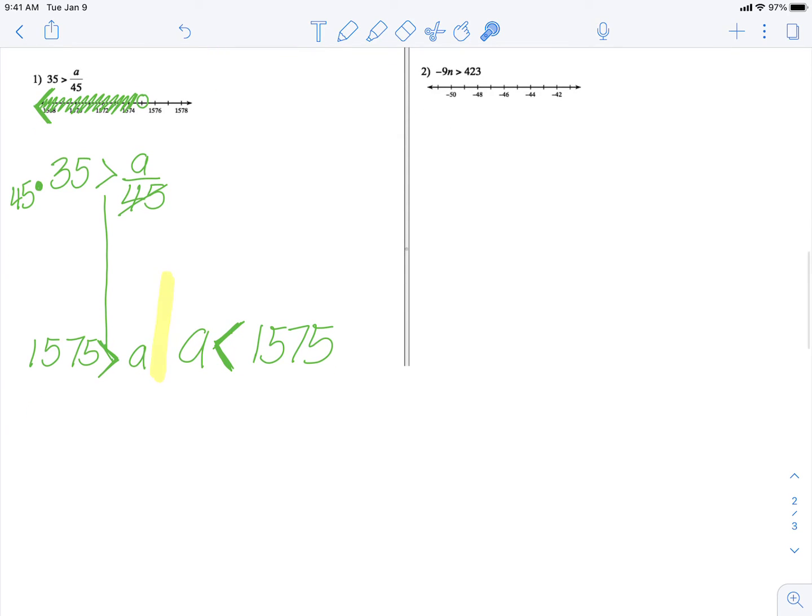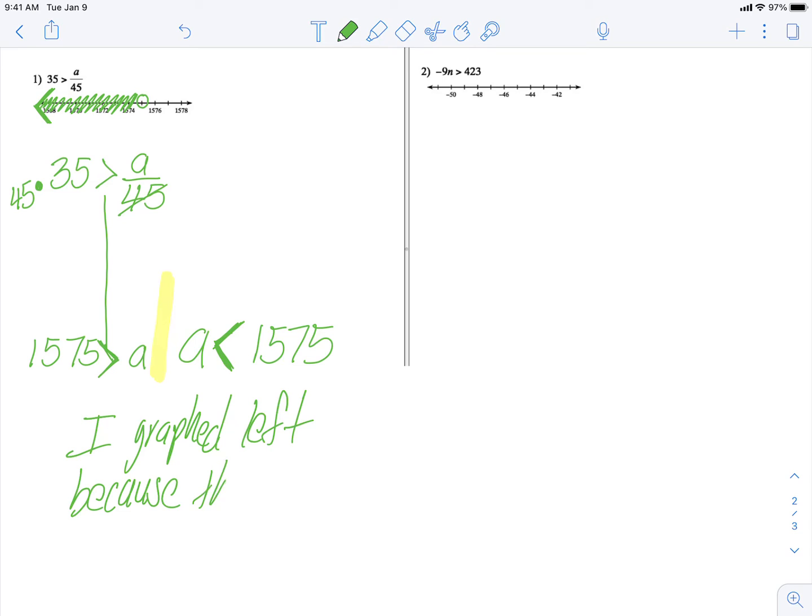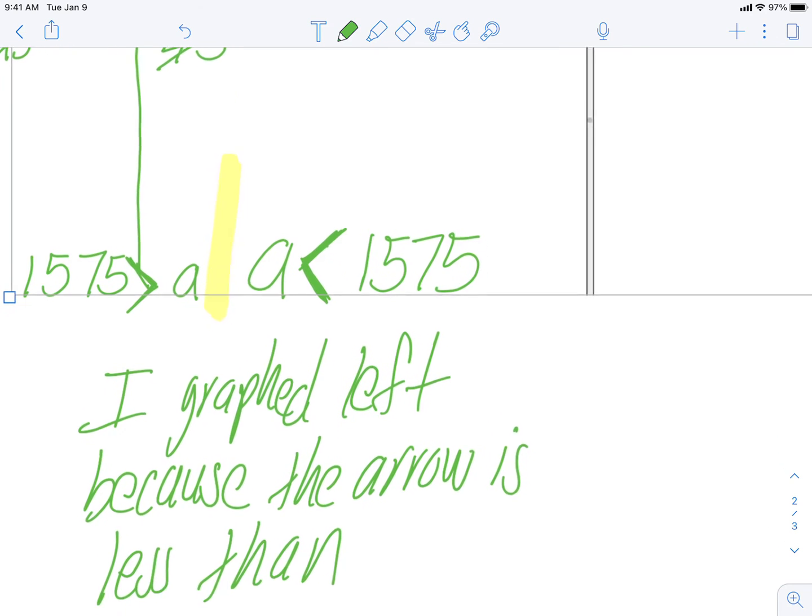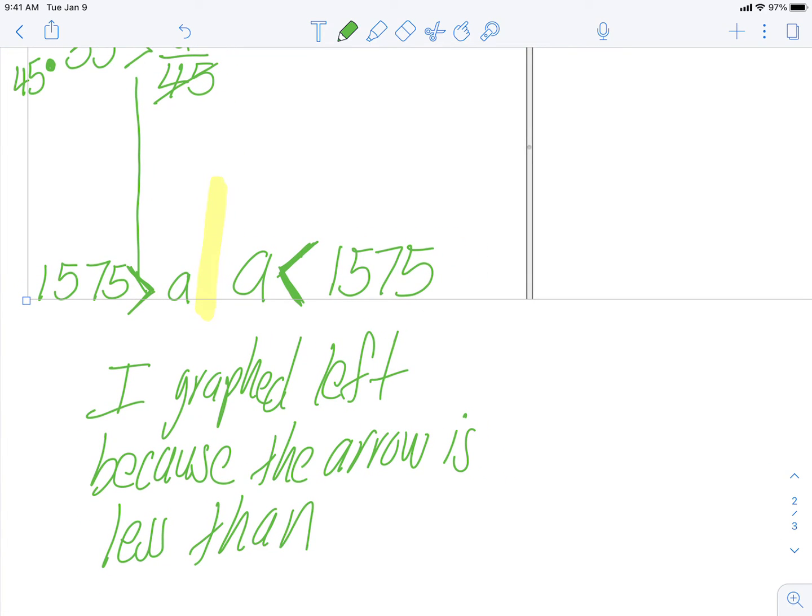Well, I'm going to put here, I graphed left because the arrow is less than. There you go. It's a good description, right? I graph left because the arrow is less than.